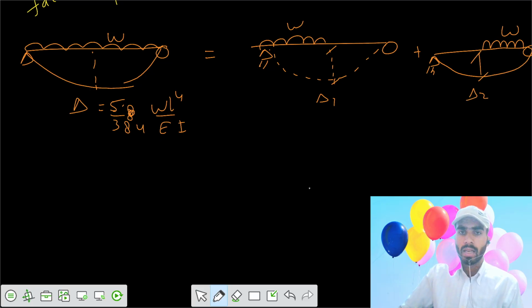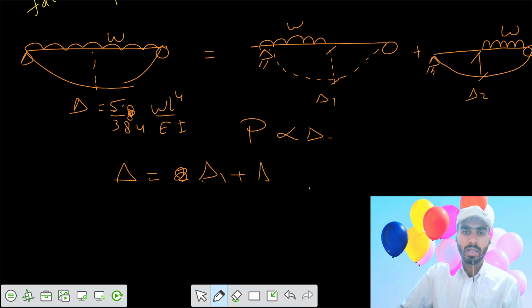From the superposition method, since P is proportional to delta, for linear variation we can add the two effects: delta equals delta 1 plus delta 2, and by symmetry delta 1 and delta 2 are each delta by 2.